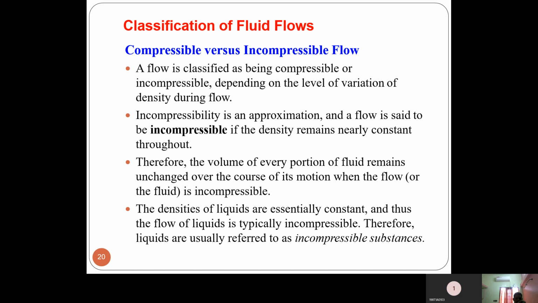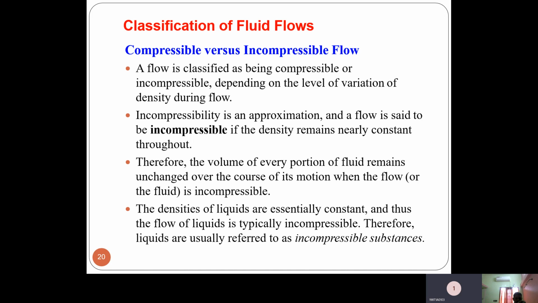Incompressibility is an approximation, and a flow is said to be incompressible if the density remains constant throughout the flow. Understand? If the density is constant in a fluid flow, then that flow is called an incompressible fluid flow.